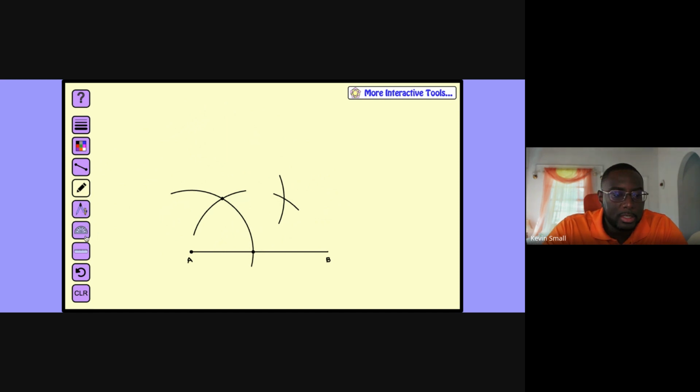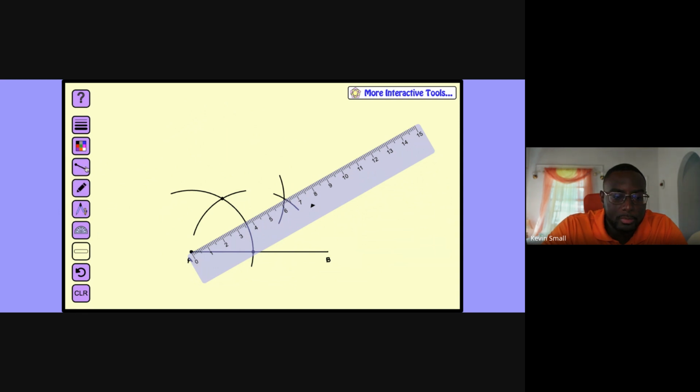So now I will take my ruler. It's very tricky to do it on this website, but I'll try to get it through this exact point in the middle here. So now I take my line and I draw up to 10.